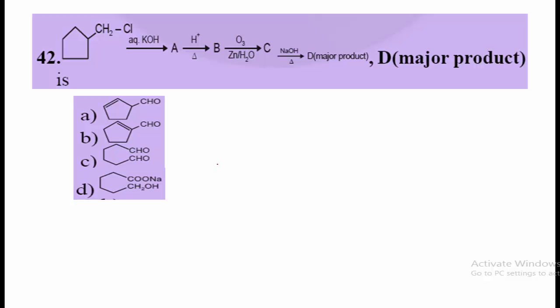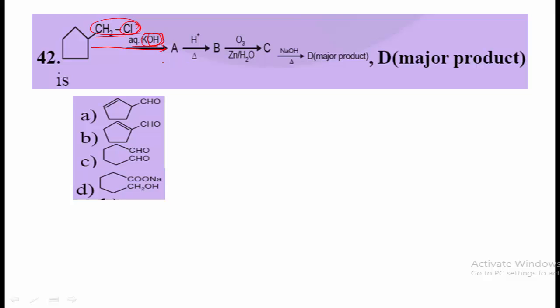The 42nd question. In the given reaction, the major product is which? First, what reaction will take place here? It is an alkyl chloride. When it is treated with aqueous KOH, OH displaces Cl.